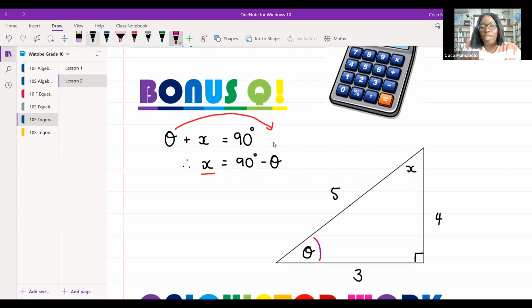Sometimes in your class your teacher will just write x instead of theta. It's basically the angle, just that my answer will be in degrees because it's an angle. Theta is just some angle. We could call it A or B or whatever.